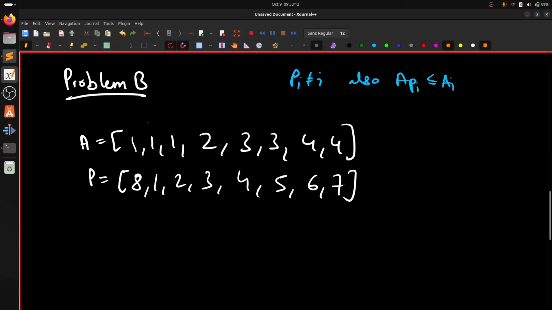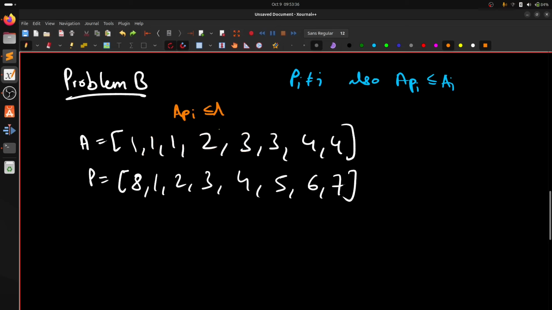Now, the second thing, if you observe, is that it's always pointing to an element which is lesser than it. So A of P of I is always less than or equal to A of I. This 1 is pointing to this one, this 2 is pointing to this one, this 3 is pointing to this 2, and so on. That's what's basically happening.